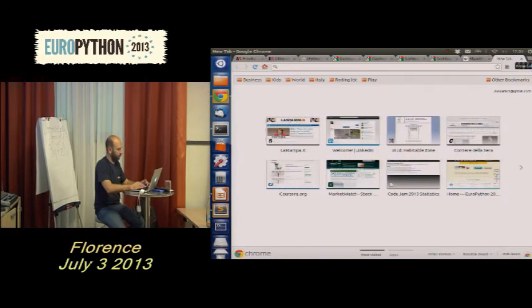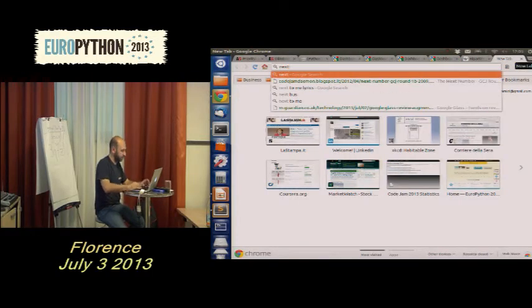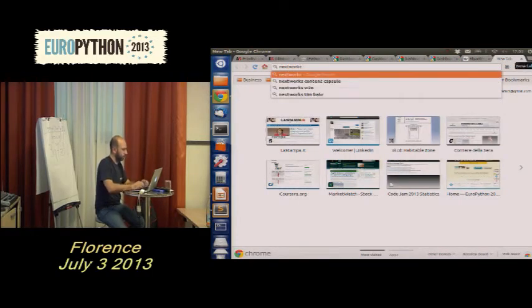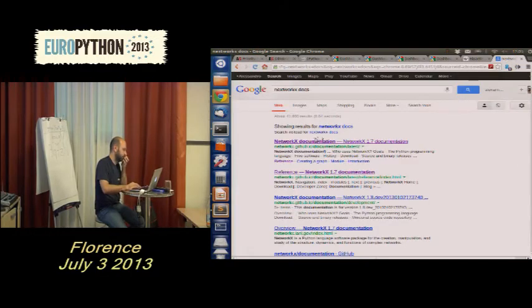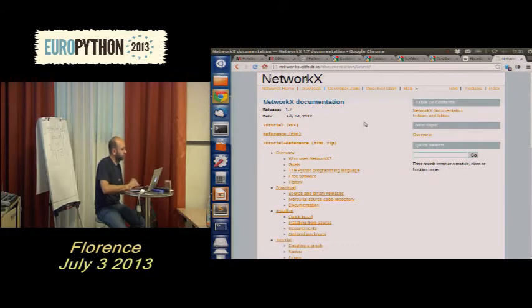So I went to the NetworkX docs. NetworkX is one of the libraries we've installed, and I just looked for bipartite.